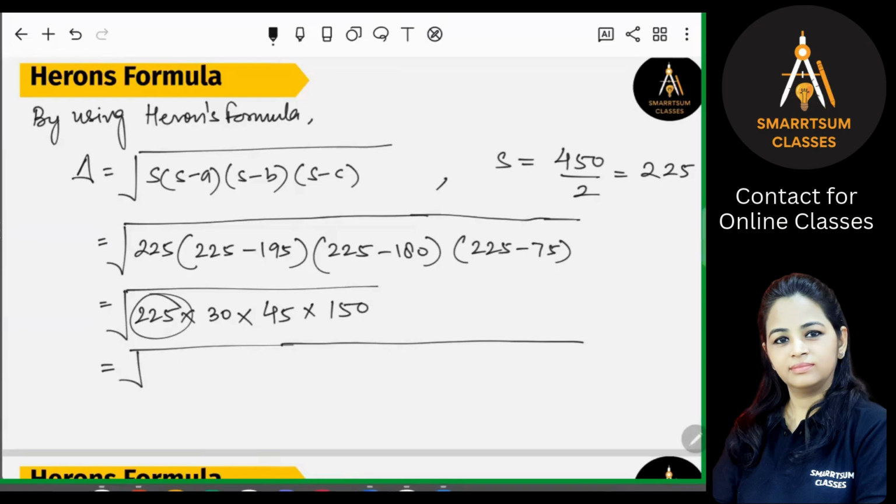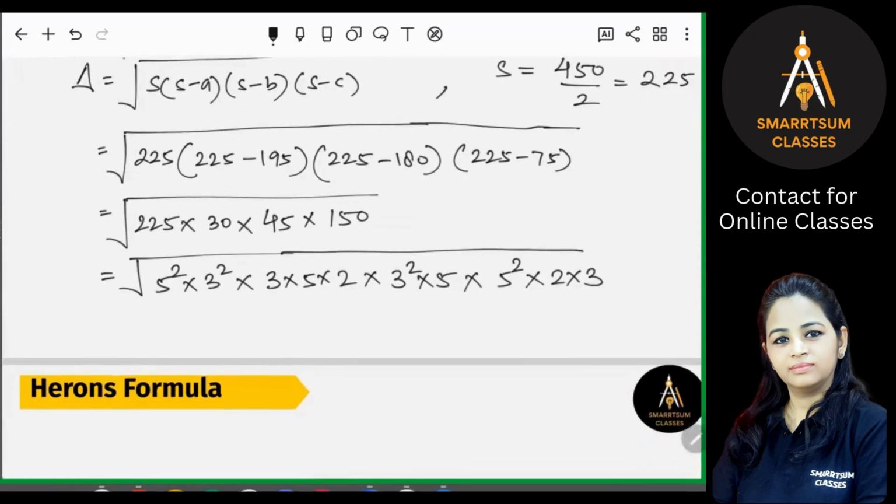Write it in terms of 5, tell me. 225 is 15 square, means 5 square into 3 square. 30 can be written as 3 into 5 into 2. Then 45 can be written as 9 into 5, 9 is 3 square, so 3 square into 5. 150 can be written as 5 square into 2 into 3. So these are the prime factors.